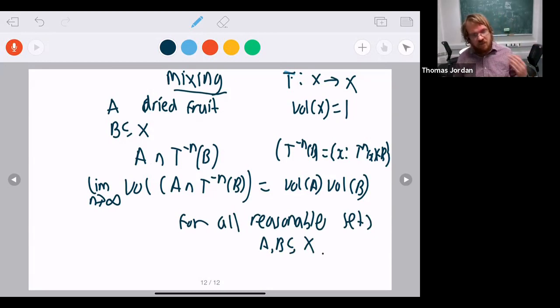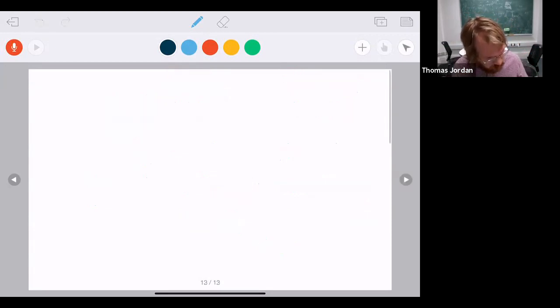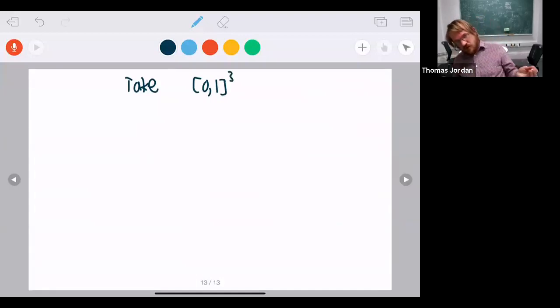Okay, so that's mixing. Now, what does our map, which we were applying to the dough, look like? How can we model it? I'm going to take our dough, which is almost a cube, so I'll take it as a unit cube.